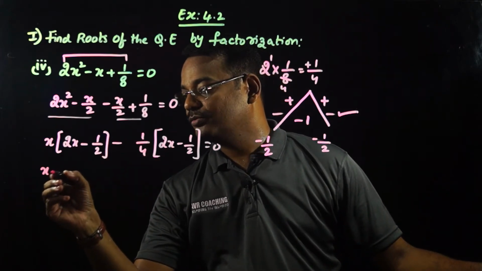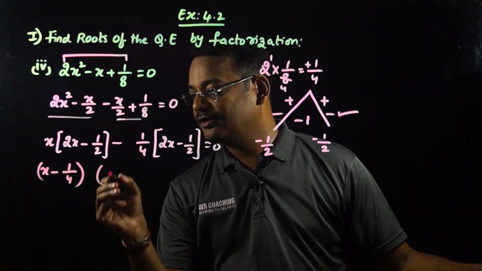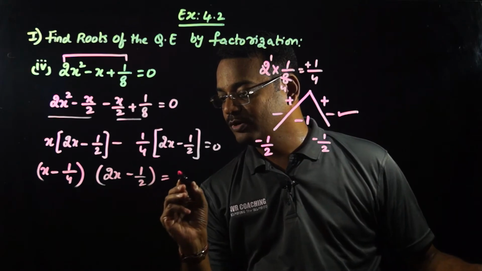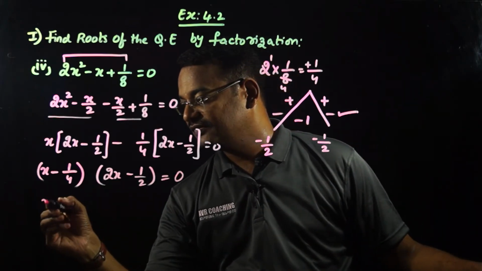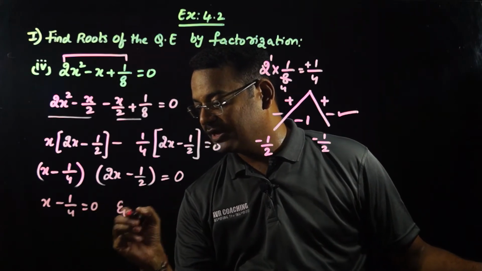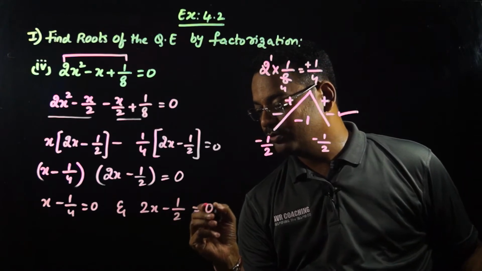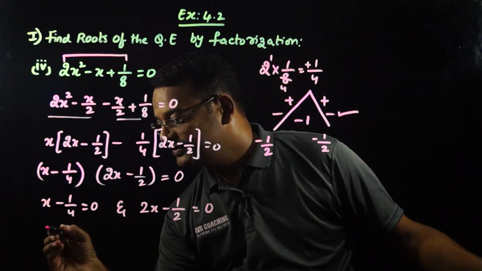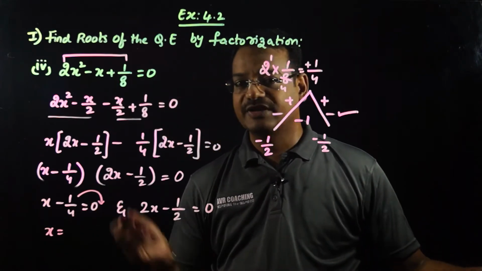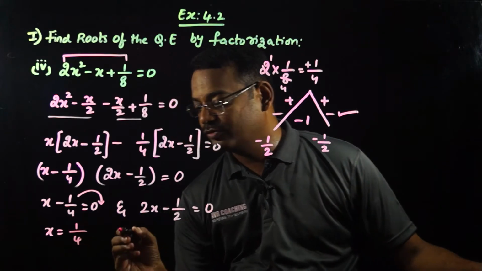So now the roots are x minus 1 by 4 and 2x minus 1 by 2 equal to 0. So this is x minus 1 by 4 equal to 0 and 2x minus 1 by 2 equal to 0. This is x equal to 1 by 4, when it comes to the right hand side of the equation it will be plus 1 by 4.